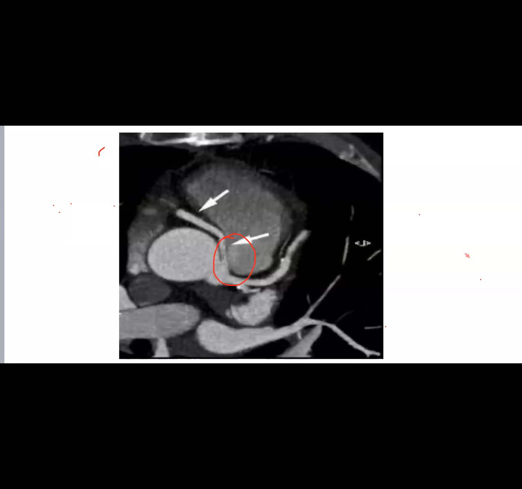So if the origin is angulated and slit-like, the patient is more likely to be symptomatic and deserving of treatment than if not. In coronary angio, you might see the anomalous coronaries, but not as good and not as informative as in cardiac CT. So cardiac CT is the best modality for anomalous coronaries.